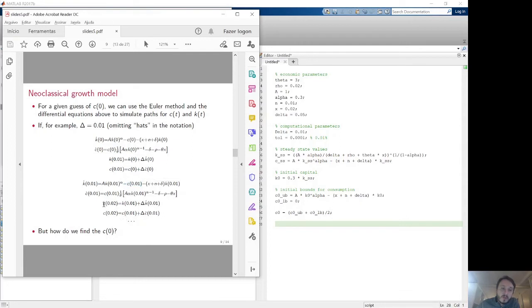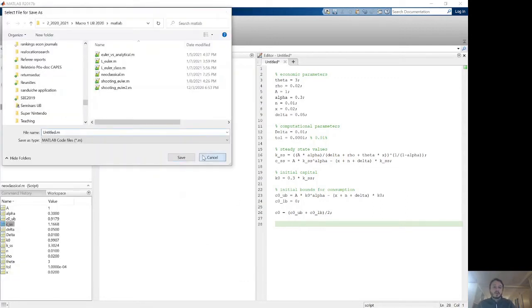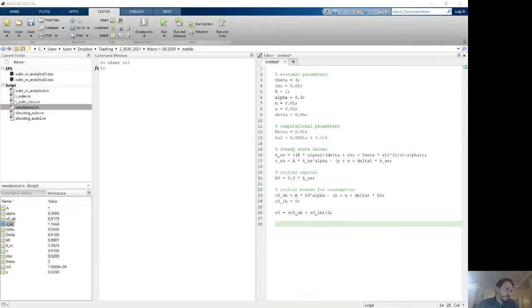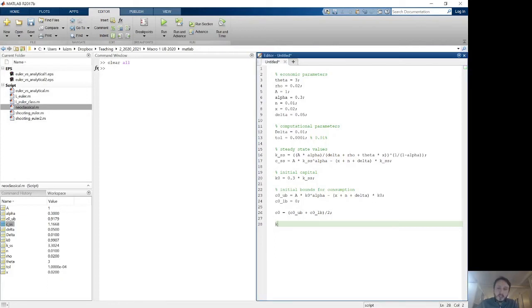And capital new will be capital in time period 0.02, and consumption new will be consumption in time period 0.02. So let's call our variables here: k old is equal to the initial capital, c old is equal to the initial consumption.